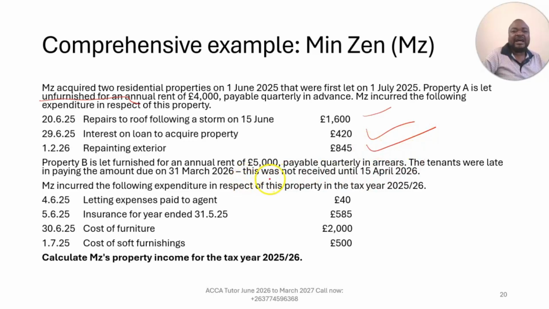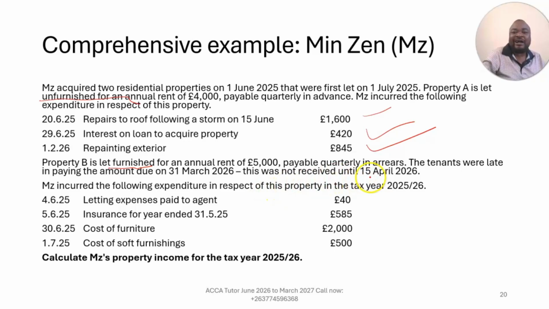Property B is let furnished for an annual rent of £5,000 payable quarterly in arrears. The tenants were late paying the amount due on 31st March 2026.